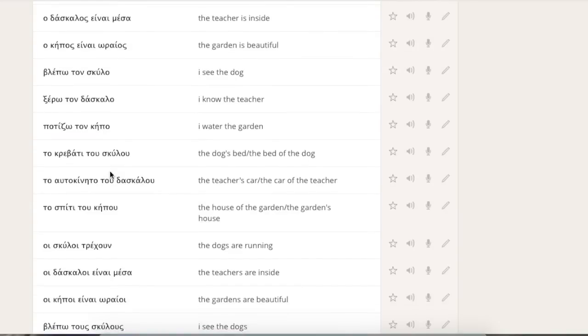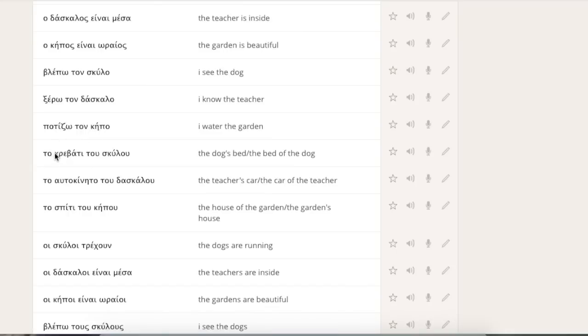Now, how about when we want to talk about possession? Okay? How do we say the dog's bed? The teacher's car, the house of the garden, okay? In Greek, we literally say the bed of the dog instead of the dog's bed. So let's see how that is formed.